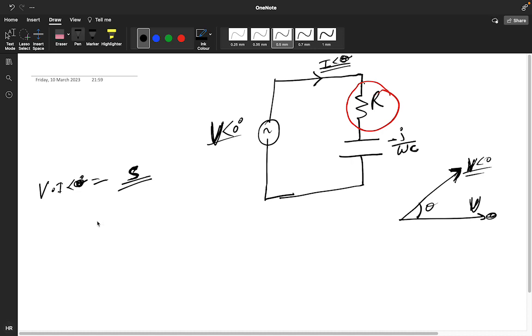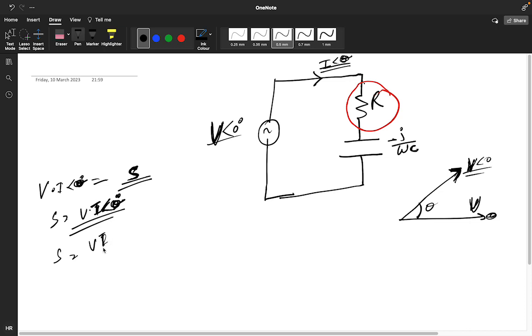So guys, if you solve this, S is equal to V into I at an angle theta. What will you get?